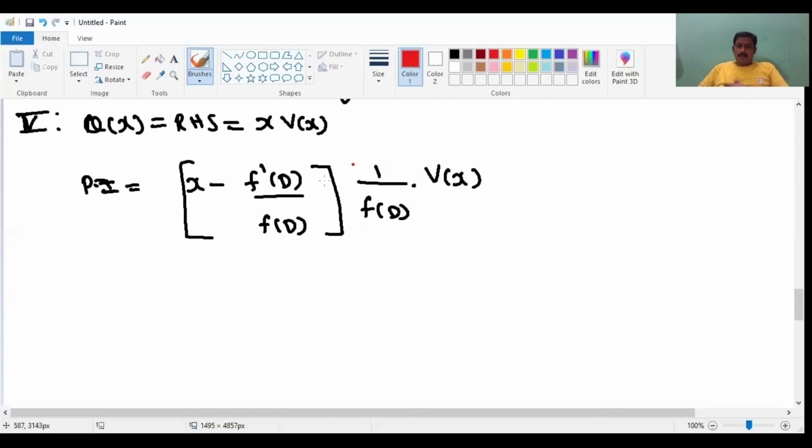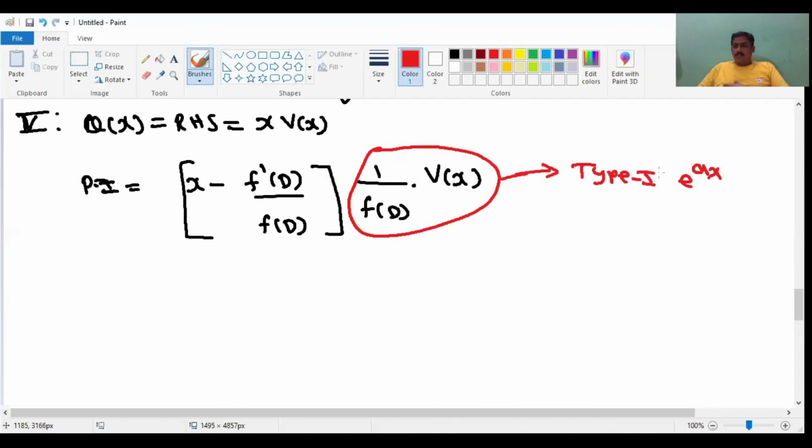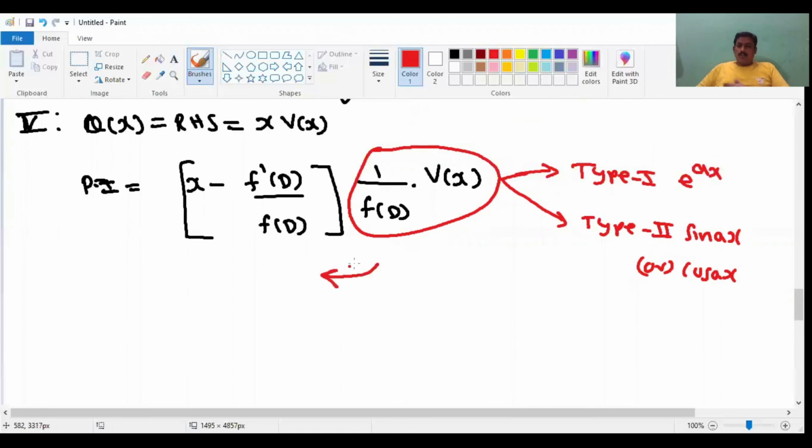So here this 1 by f of d into v of x comes under either type 1, that is e power ax form, or type 2, sin ax or cos ax form. So applying this and simplifying the term, then again multiply to this and do the same process to get the result.